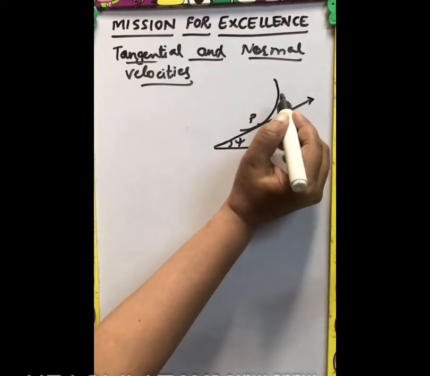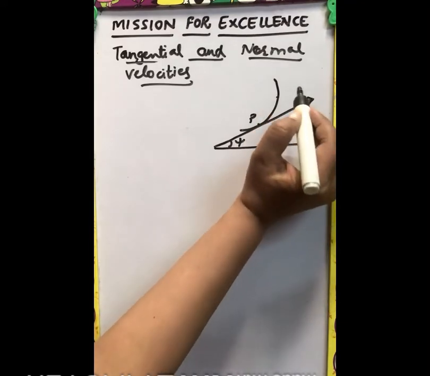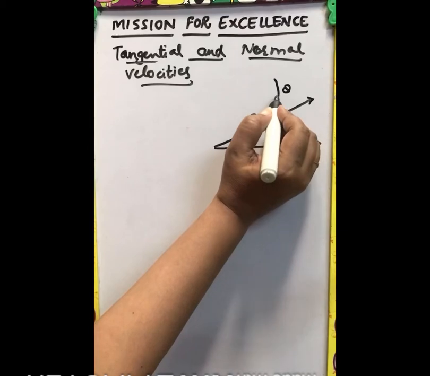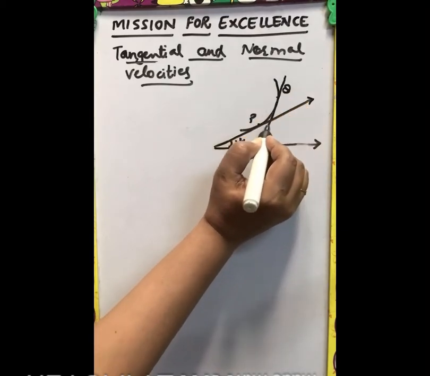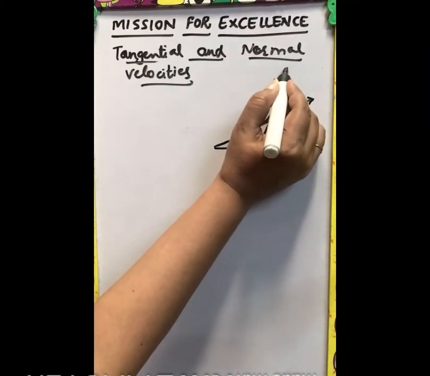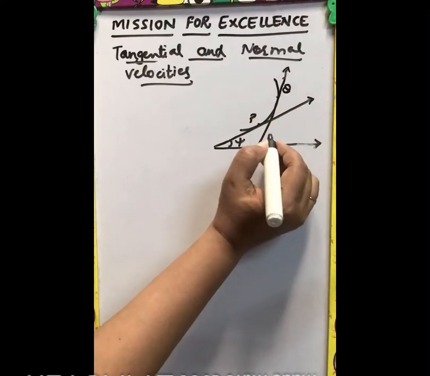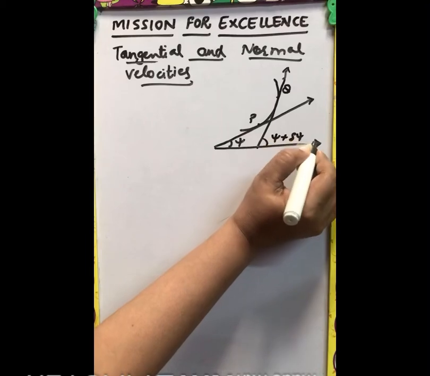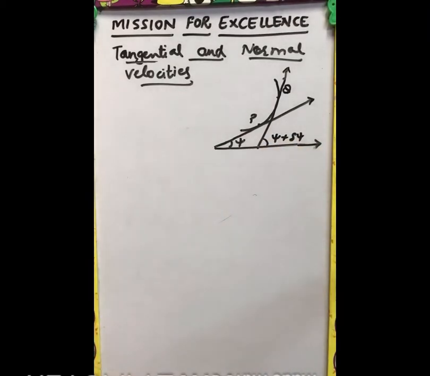After some time its position is Q, and the tangent at Q is this one, making an angle psi plus delta psi with the x-axis.